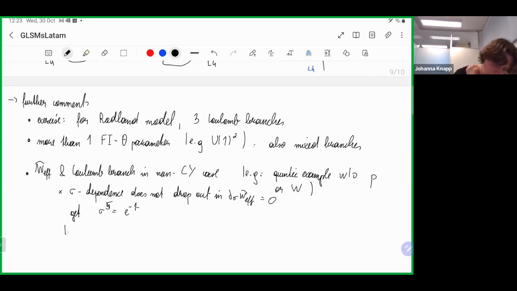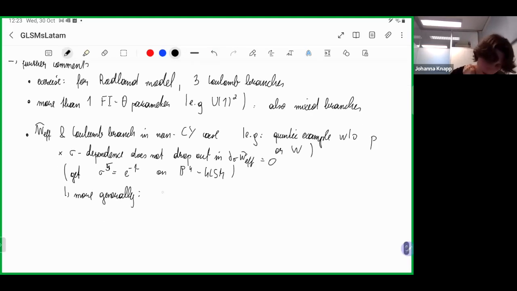So in general, in the P4 GLSM, more generally, the Coulomb branch is defined basically by some polynomials or functions of the sigma fields, call them sigma A, modded out by some relations F_a of sigma A and the Fi parameters.